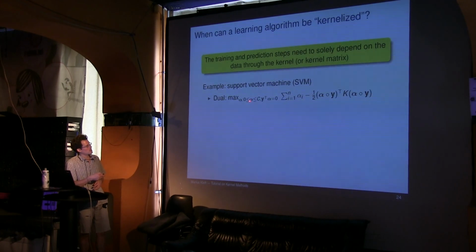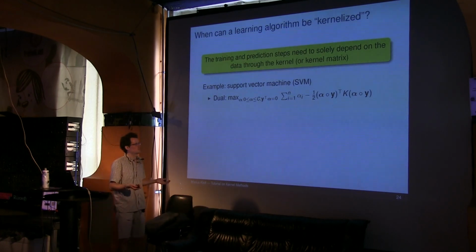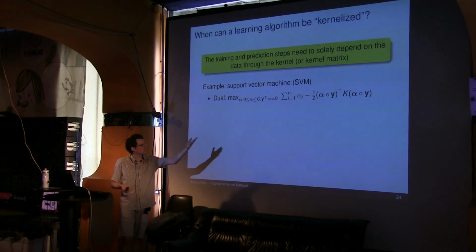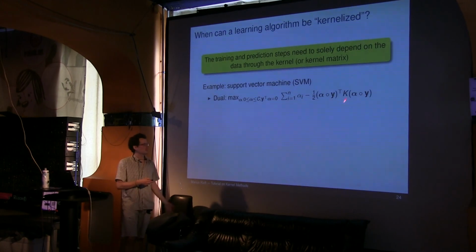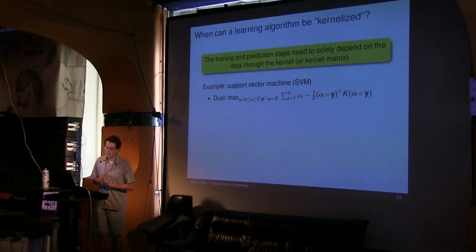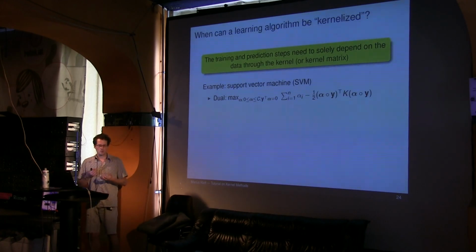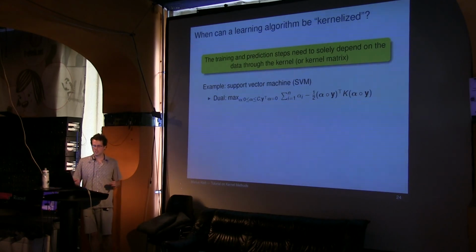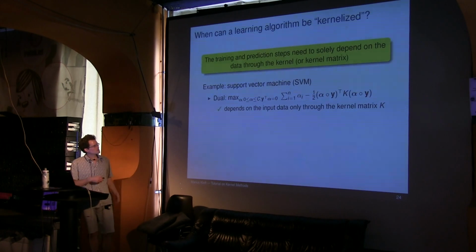We have the variables alpha, we do some maximization, we have the labels here. The only point where the data enters is via the kernel matrix. So this algorithm trivially can be kernelized. We can see it's already there, just a matrix. More generally, you have to ask, can we reformulate my algorithm such that it depends on the data only via evaluation of kernel functions or the kernel matrix? Then we are fine. And like I said, in many cases this works.